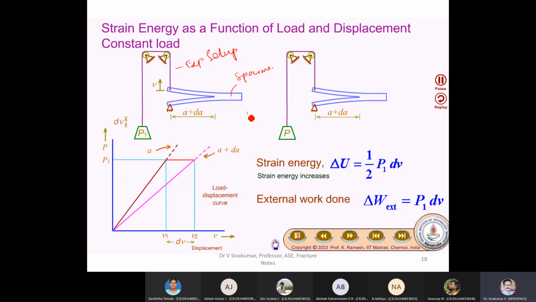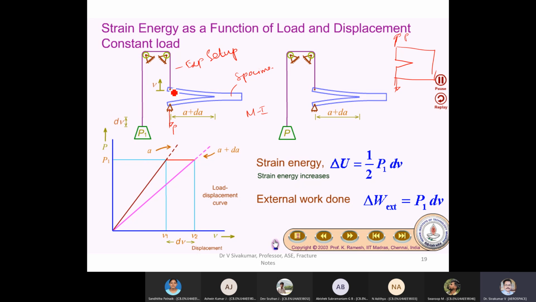This is basically mode 1, because of the crocodile mouth opening kind of load. The load you can see here, you are applying like this. Once you constrain here, whatever load you apply, an opposite load will be applied here, the reaction forces.